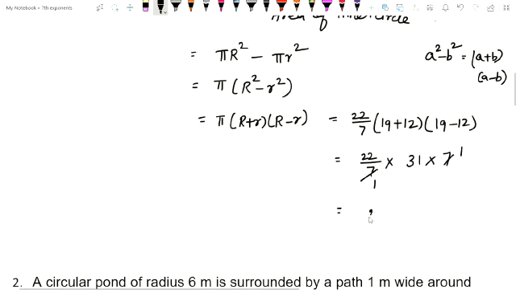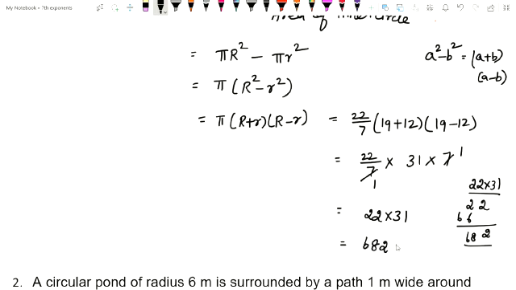See the numerator, 22 into 31. Now multiply this, 22 into 31. 1 2s are 2, 3 2s are 6, so 682 centimeter square.